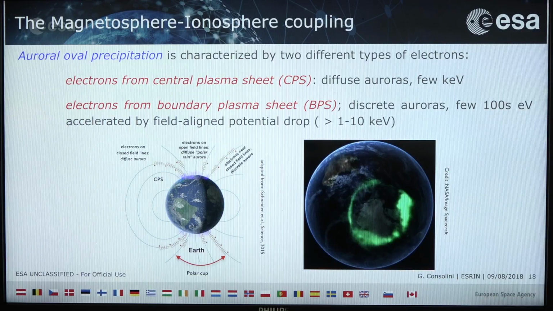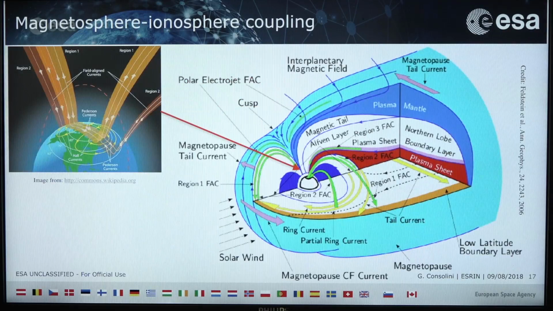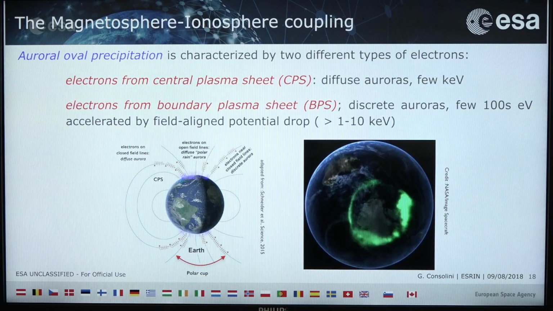The auroral precipitation is characterized essentially by two types of electrons: electrons from the central plasma sheet, which is this region here in the night side sector of the tail, and electrons from the boundary of the plasma sheet, which are the last closed lines. They have different impacts and produce different phenomena in the high latitude ionosphere.